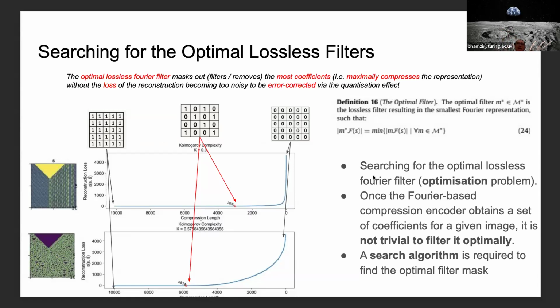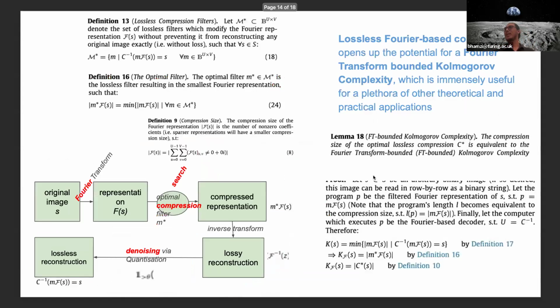And then you keep on adding another 0 to that, until you get to a point where you are unable to reproduce a lossless reconstruction. At that point, you have the filter with the minimal size, because any more than that would be lossy.